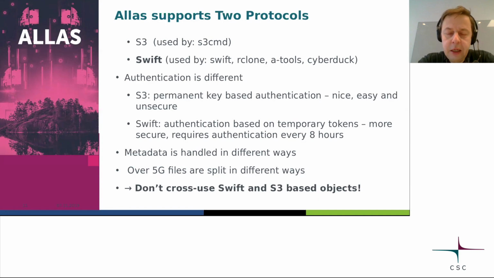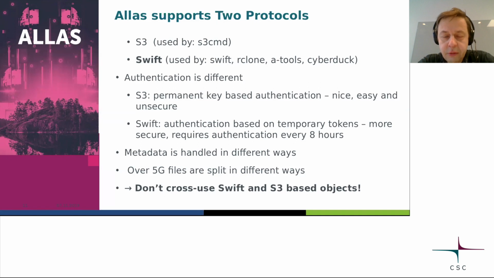From the point of view of the end user, the key difference between these two methodologies is the authentication. S3 is from Amazon, and there the authentication is based on permanent keys, which can be created by the scripts provided by CSC. It's nice and easy.